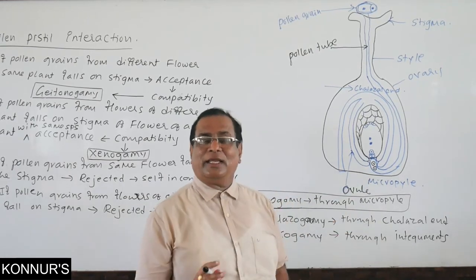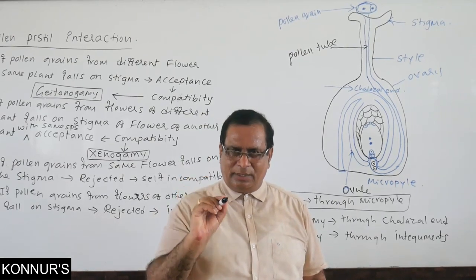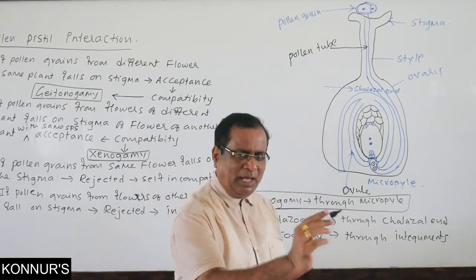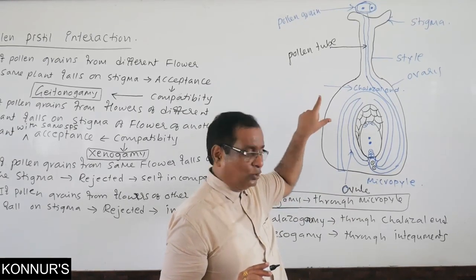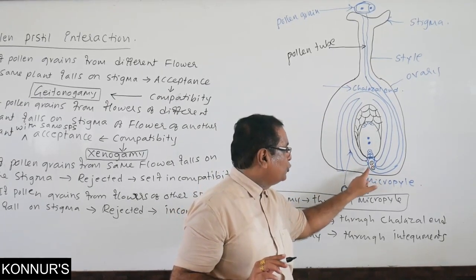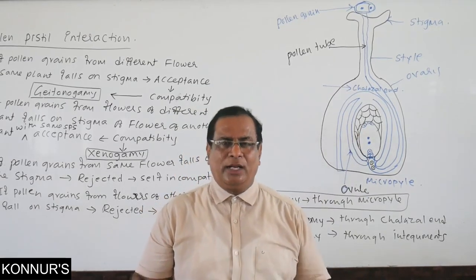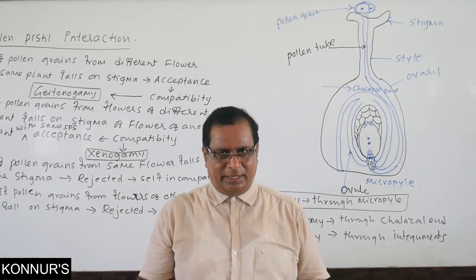Up to this is pollen-pistil interaction: the events from when the pollen grain falls on the stigma to the entry of the pollen tube into the ovule. This is pollen-pistil interaction totally.